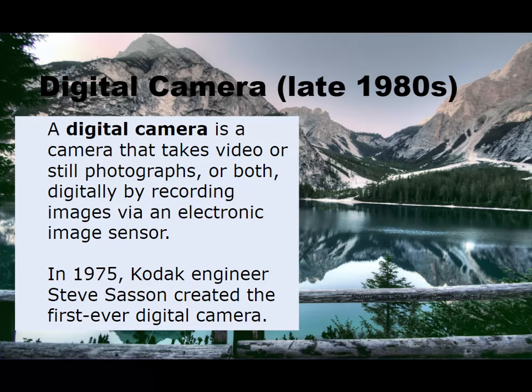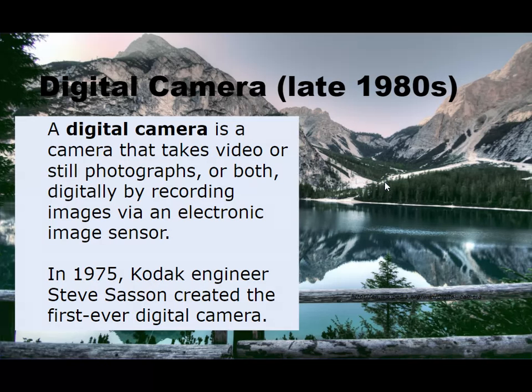And the ones like we use now, the DSLRs, where you can change the lenses and have full control over the different settings, they did not become available to most people until the very late 90s into the early 2000s, because that's when the price came down enough that people could actually start to afford them.